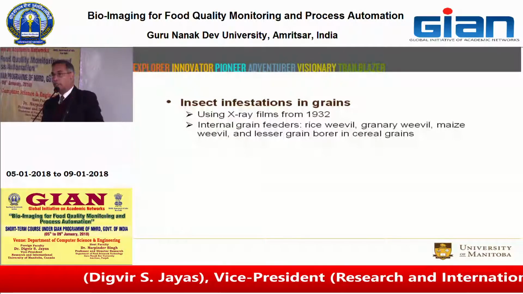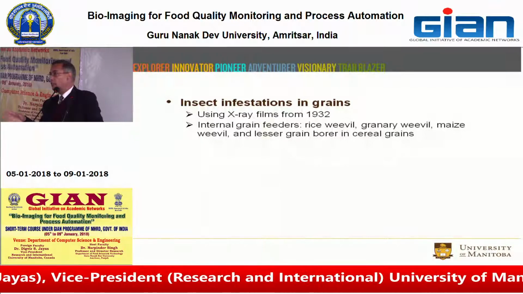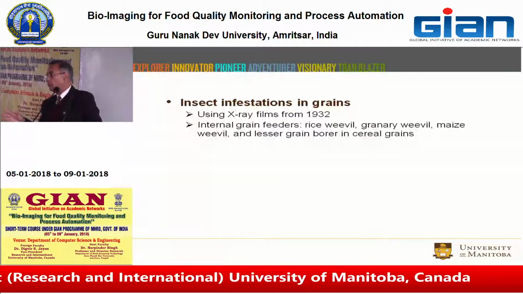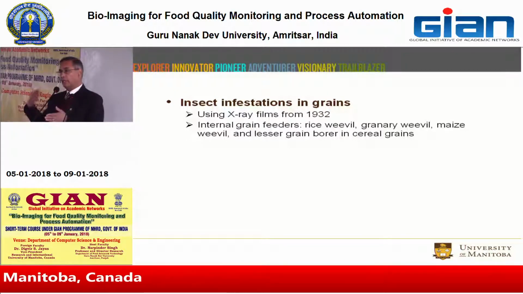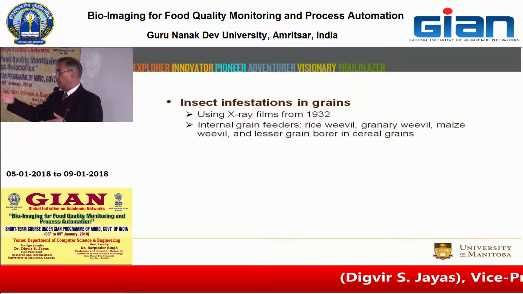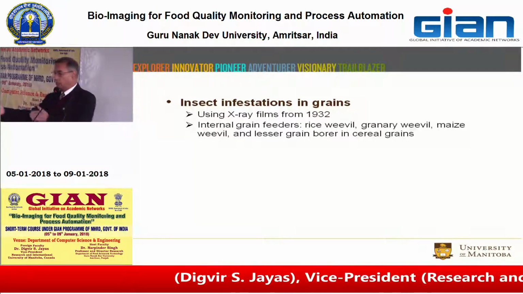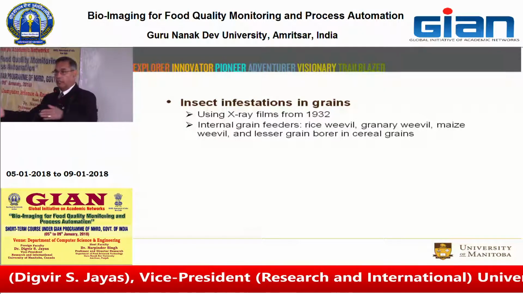So again, looking at insect infestation in the grains, X-rays, as I said, were invented in 1800s. The initial use of X-rays in the grain industry was to detect insects using X-ray films.